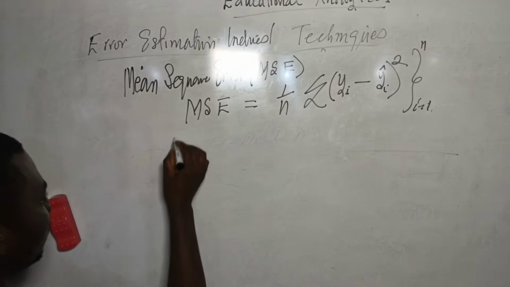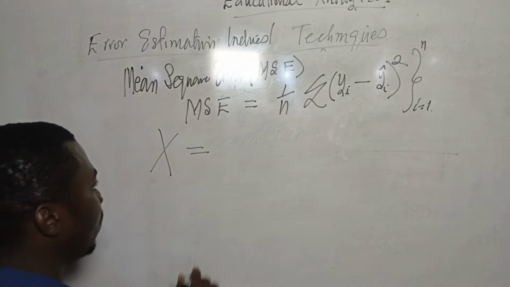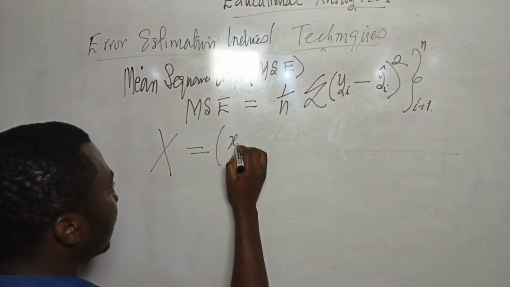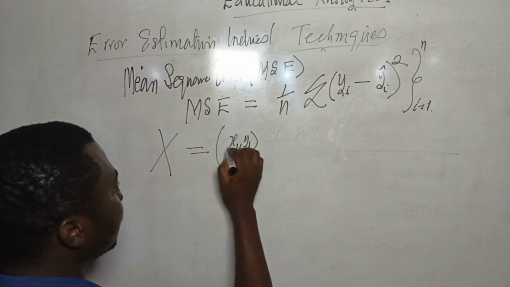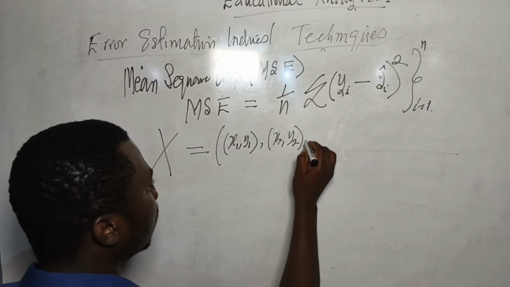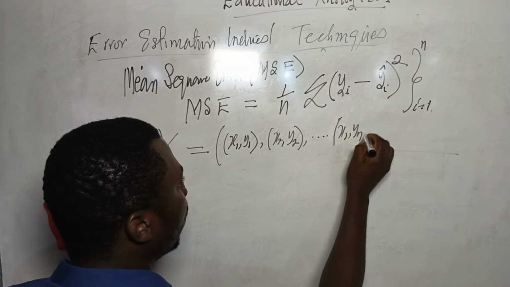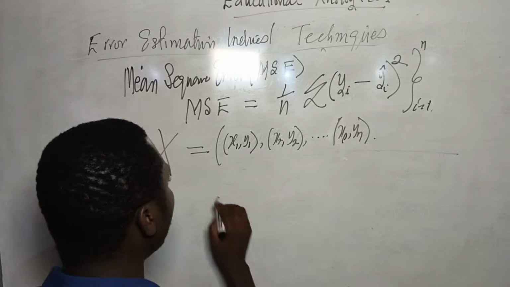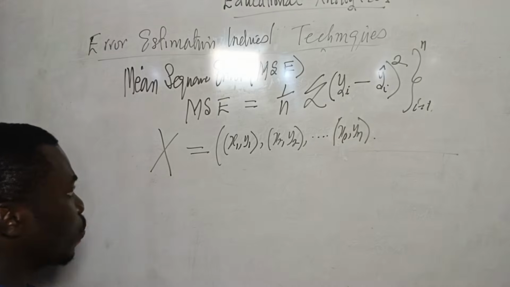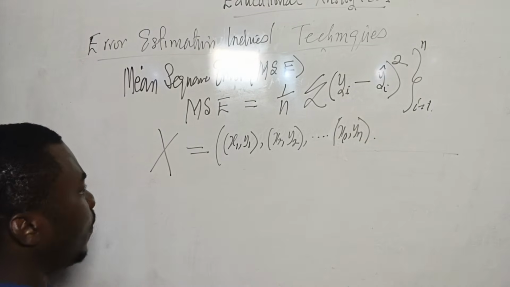For instance, if you have been given the training set of the data in this space, x1 y1, x2 y2, to xn yn, you can decide to use a transfer function.